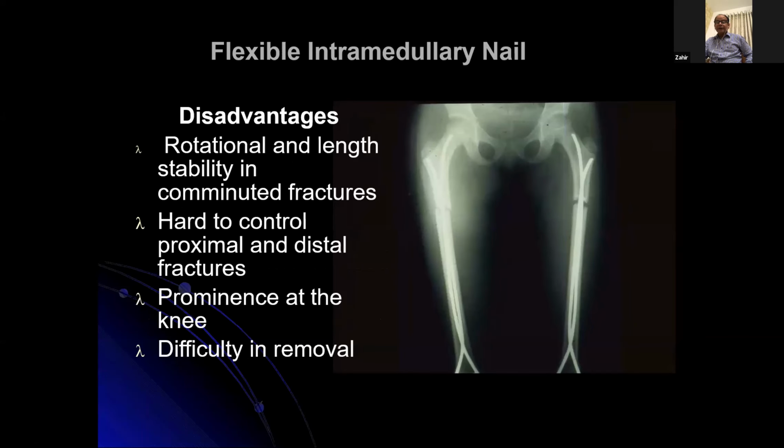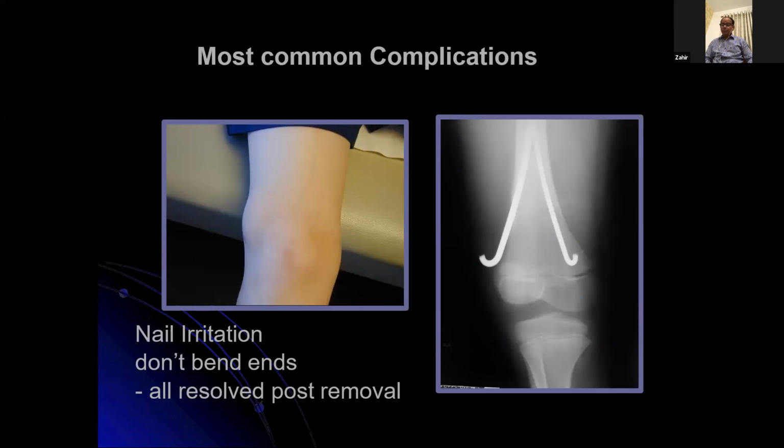Disadvantages in this procedure: rotation and length maintenance is difficult in comminuted fractures, it is hard to control proximal and distal fractures, there is prominence of the knee, and difficulty in removal of the nail. The most common complication in flexible intramedullary nailing is nail irritation.